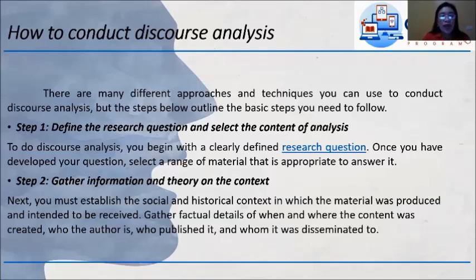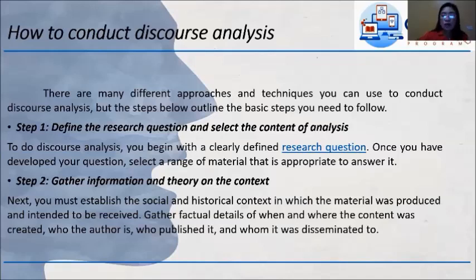Okay, step two, gather information and theory on the context. Next, you must establish the social and historical context in which the material was produced and intended to be received. So gather factual details of when and where the content was created, who the author is, who published it, and to whom it was disseminated. So that is step number two, gather information and theory on the context.